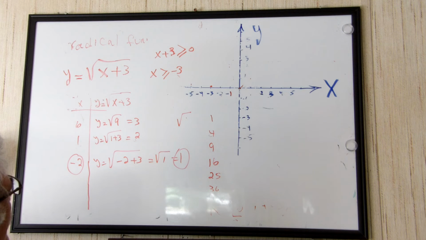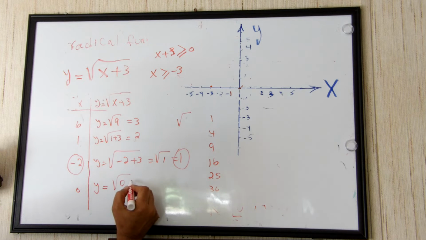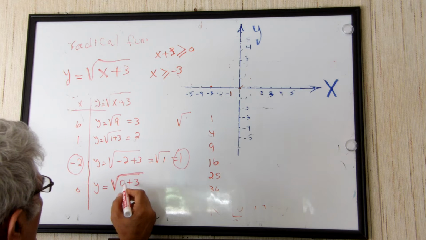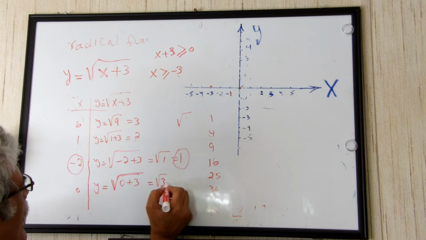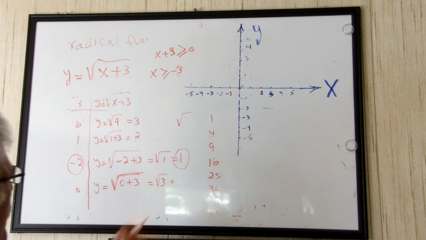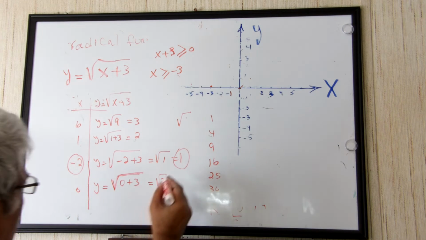How about we put another number, 0? y is equal to the square root of 0 plus 3, under the radical. It's going to be 1 point something, at least it is a number: 1.73, we say.